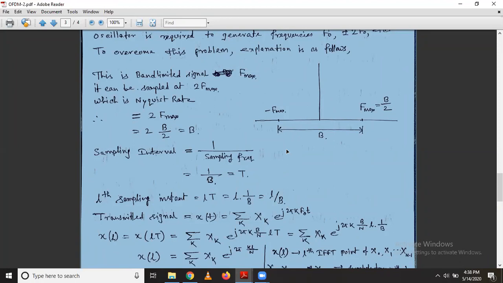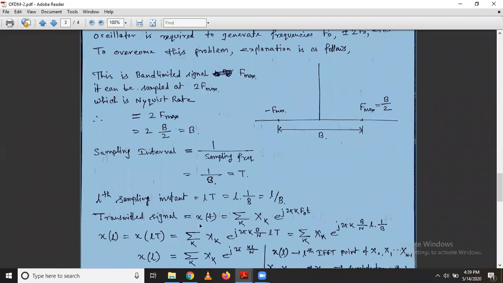If multiplied by 2, you will have the Nyquist rate. 1 by Nyquist frequency or sampling frequency is the Nyquist interval or sampling interval, that is 1 by B equals capital T. Now, Lth sampling instant is L into capital T. That means 1 by B, 2 by B, 3 by B, like Lth sampling instant. So L by capital B is nothing but your LT.